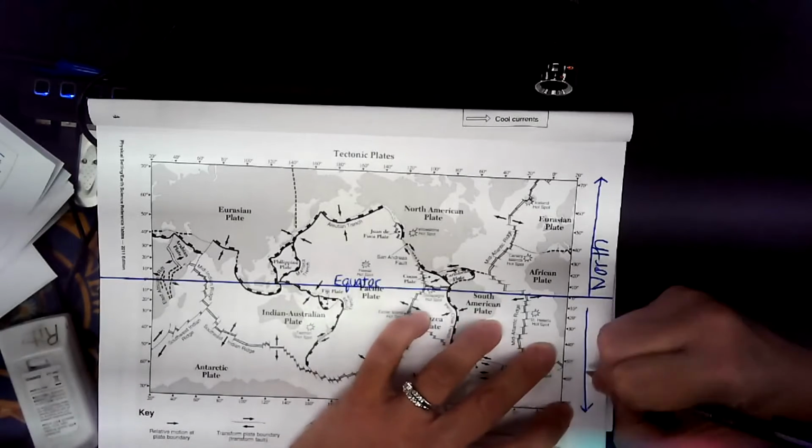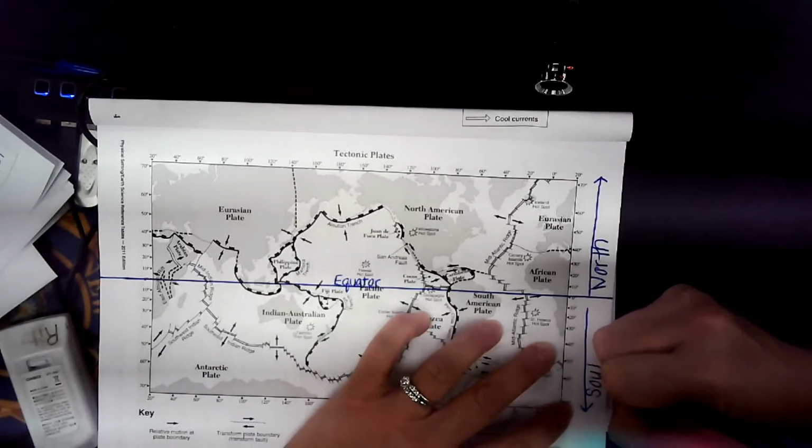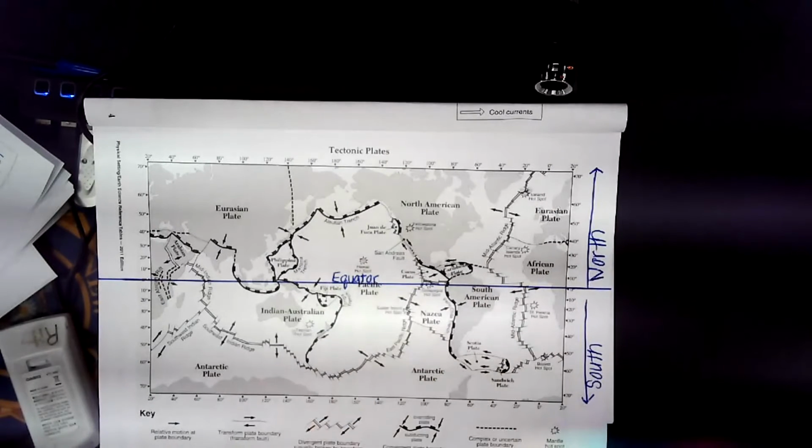Everything below the equator, or south of the equator, is in the southern hemisphere. Make sure you label it just like I did. Where I'm putting the labels is where I think they're the most useful. So that's the equator, the northern hemisphere and the southern hemisphere.